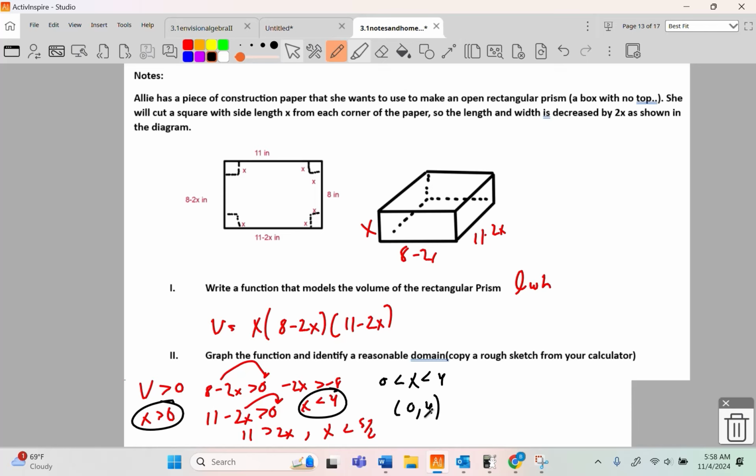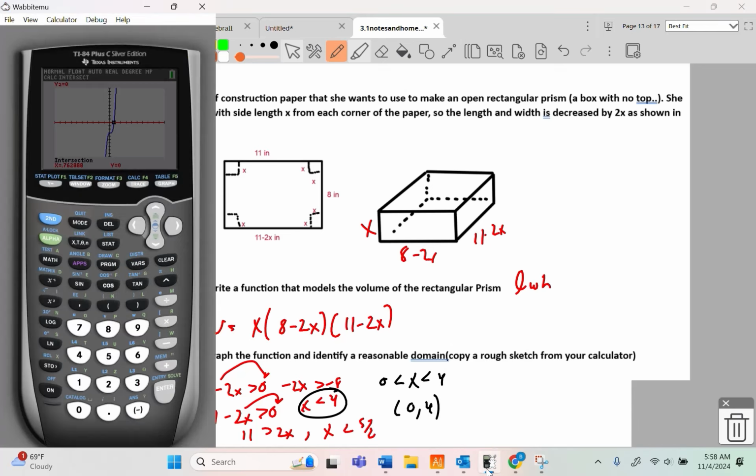Now let's take a look at the graph and see if what I'm saying on paper justifies that. We had one length of x, another is 8 minus 2x, and another at 11 minus 2x.